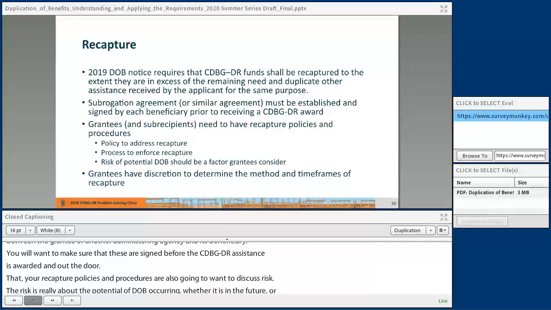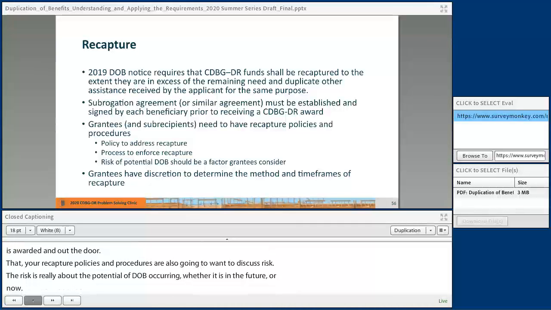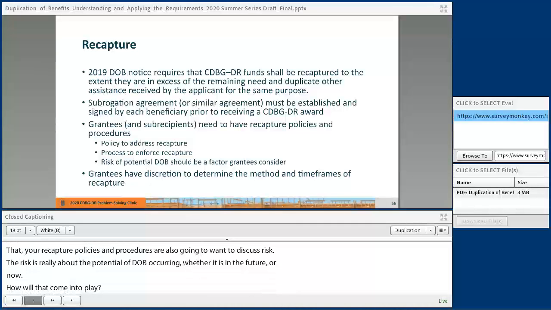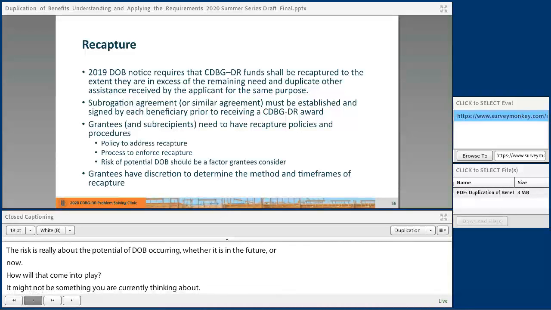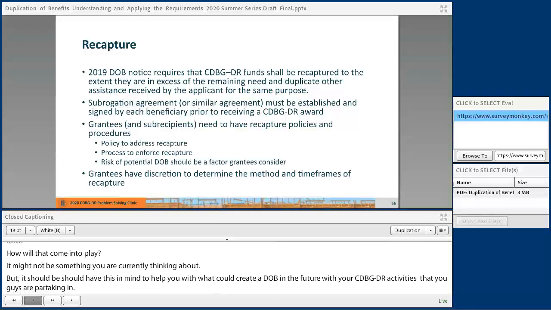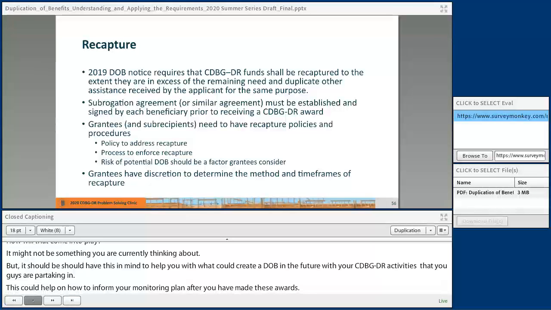And you should have this in mind to help you with what could create a DOB in the future with your CDBG-DR activities, and how to inform your monitoring plan for DOB after you've made these awards. So for example, if you're a grantee that is using your subrecipients to administer a program, you are going to want to use this risk piece to help you establish a methodology for monitoring to make sure that all of your DOB requirements are being met.